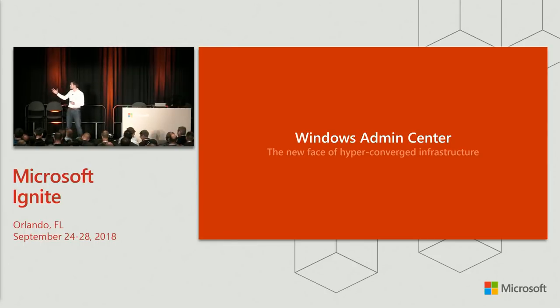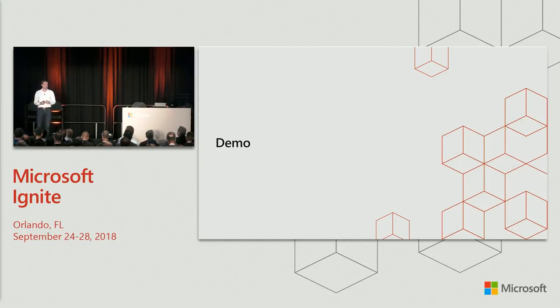So we'll start now with I want to give you a quick tour of how Windows Admin Center looks for Hyper-Converged Infrastructure, and then we'll get into a lot richer and more in-depth demos. So let's start. For those of you who may not be familiar, it sounds like you'll be few and far between in this room. Windows Admin Center is a very lightweight, browser-based management experience for Windows Server.